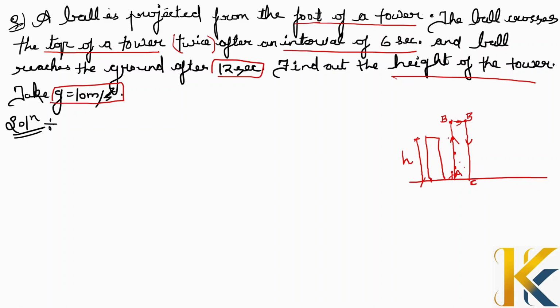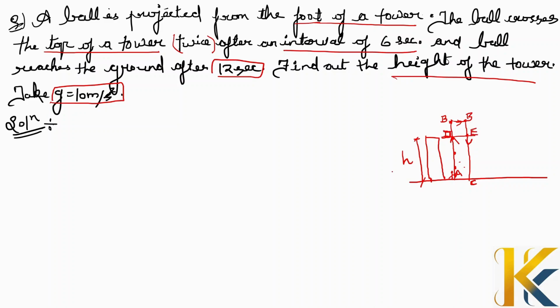Now, during the motion, what is happening? It is crossing the top of the tower position. How many times? Two times. Let this be D point.